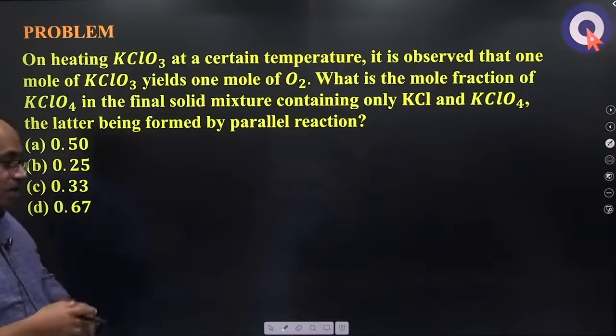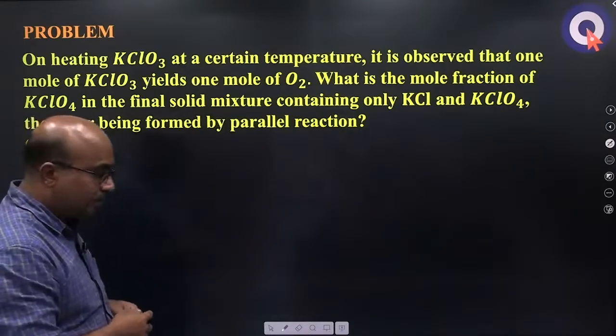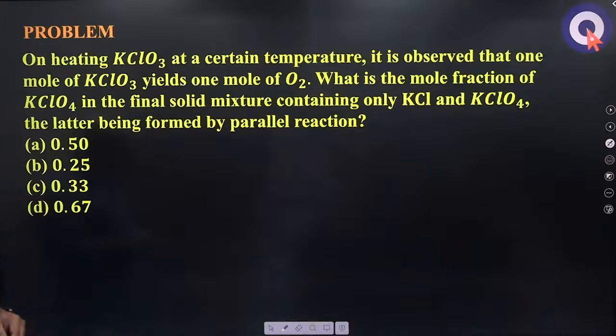On heating KClO3 at a certain temperature, it is observed that 1 mole of KClO3 yields 1 mole of oxygen. What is the mole fraction of KClO4 in the final solid mixture containing only KCl and KClO4, the latter being formed by parallel reaction?